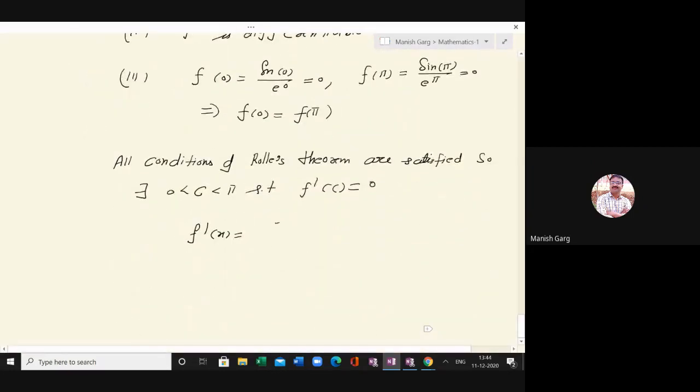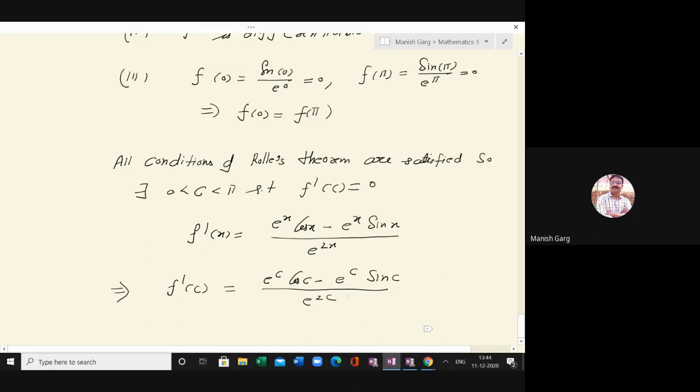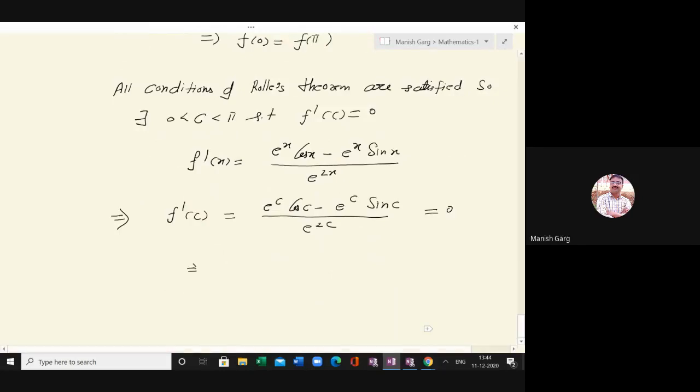So f'(x) will be e^x cos x minus e^x sin x over e^2x. So f'(c) is e^c cos c minus e^c sin c over e^2c, which is equal to 0. Taking the right-hand side, finally e^c times (cos c minus sin c) is 0.